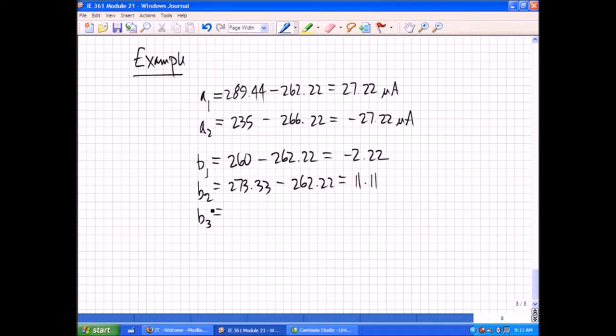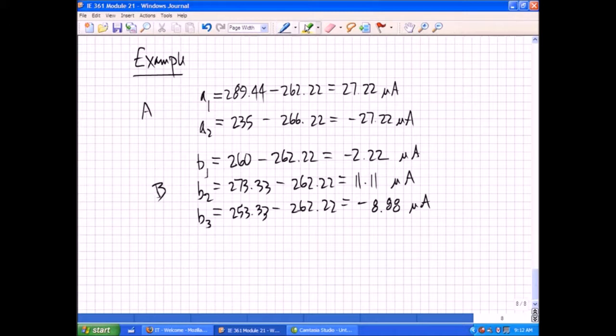And if I take the third column average, 253.33, and subtract 262.22, I get minus 8.88. The units of these are still the original units, and those are the so-called fitted main effects of factor A and factor B. Now, what do these things tell us?